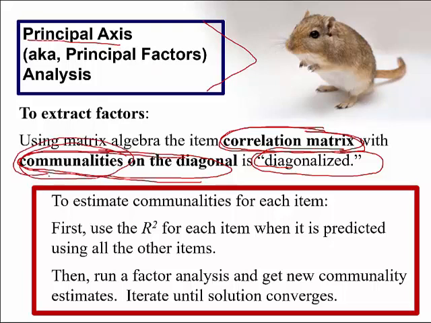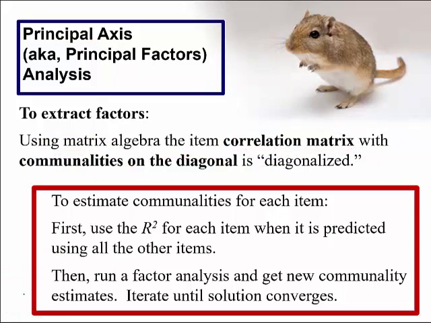Now, we've talked about the communalities before. Recall what they are. The communality is the sum of the squared factor loadings for an item. And the communality tells you how much variance in an item is explained by all the factors taken together. By replacing the ones on the diagonal with communalities, it's a way of making an adjustment to account for measurement error. If there's a 1 on the diagonal, it's as if we're saying the total variance of an item is all true variance.